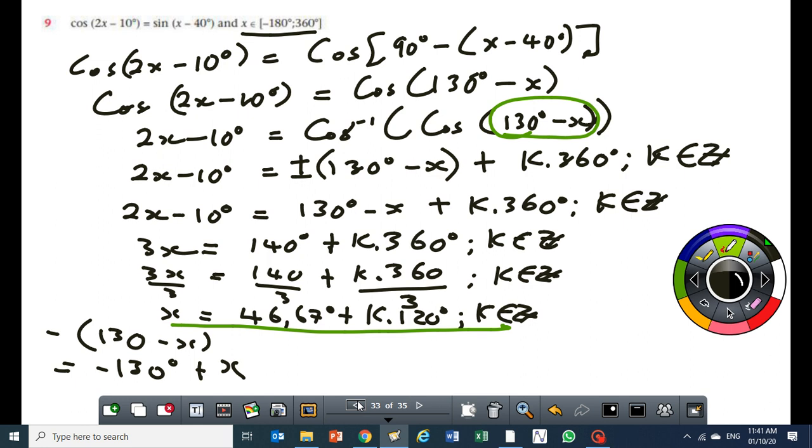Okay? Then, if I substitute k equal to minus 1 here, I'll get minus 120. Now, 46.67 minus 120 will give us what? What is 46.67 minus 120?